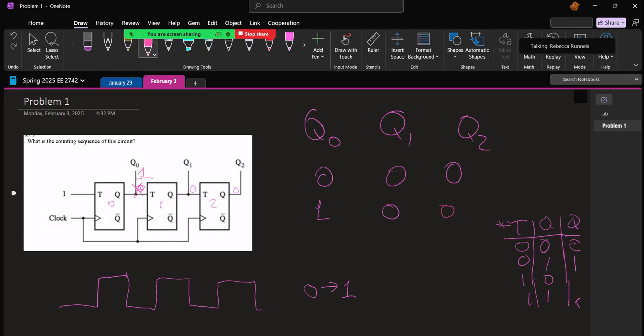Or you can have different counting sequences depending on the starting value, and if that's the case, you'll be given the starting value. Okay, so now the next time we get to a positive clock edge, what's Q0 going to become?